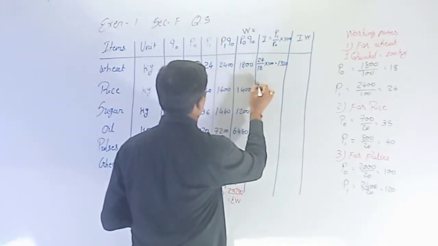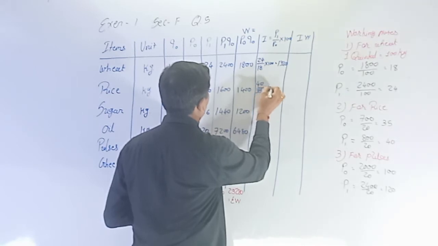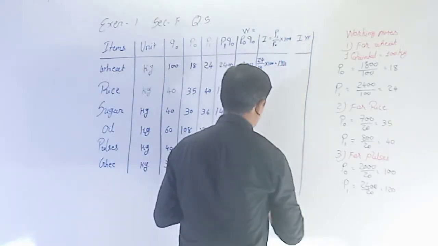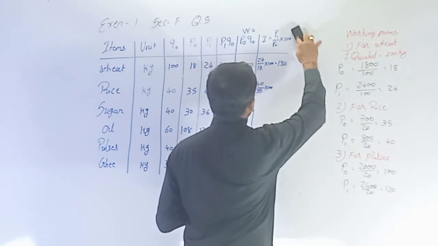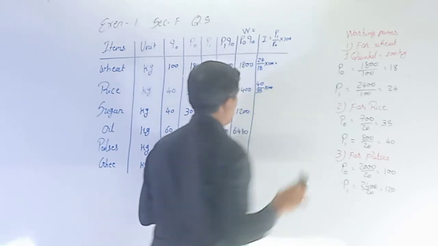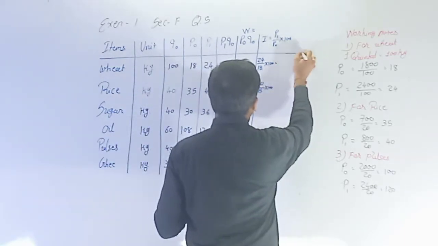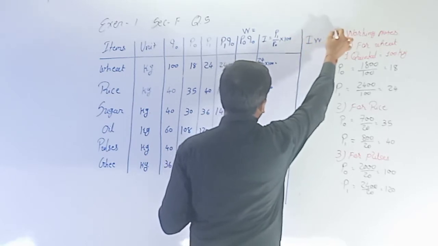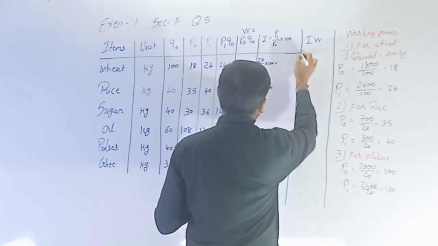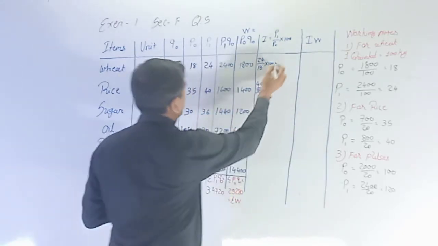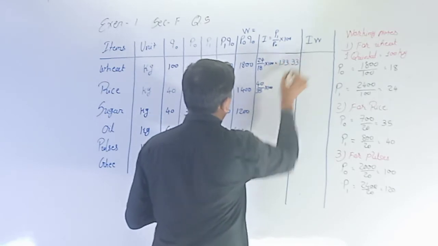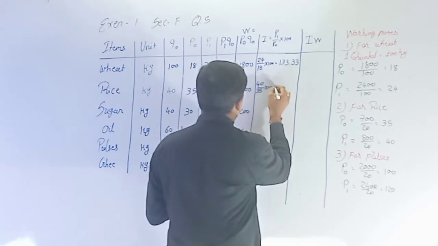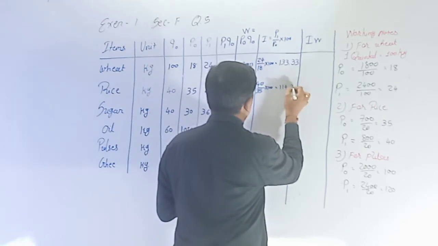Then 40 divided by 35 into 100, so 114.29.